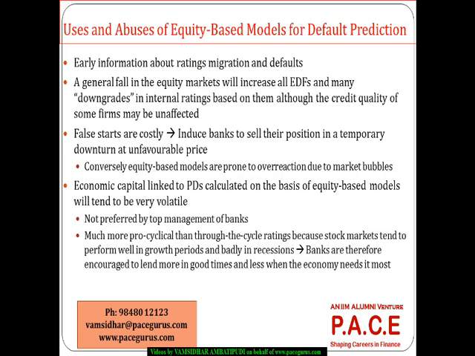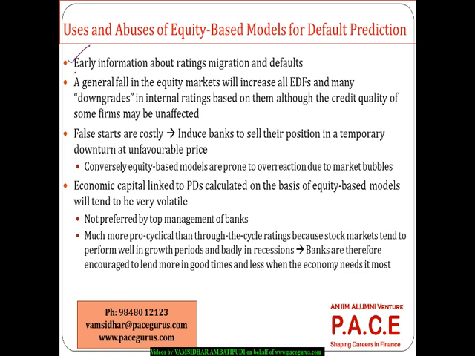Now that we have comfortably understood the equity-based models for default prediction, we'll try to see their usage perspective. One advantage, because the number keeps changing on a day-to-day basis, is that they can give me early information about rating migration and default. When is the company going into a very high probability of default?